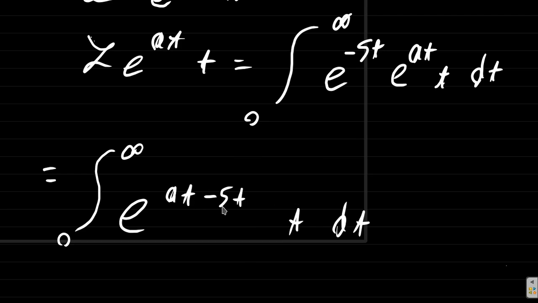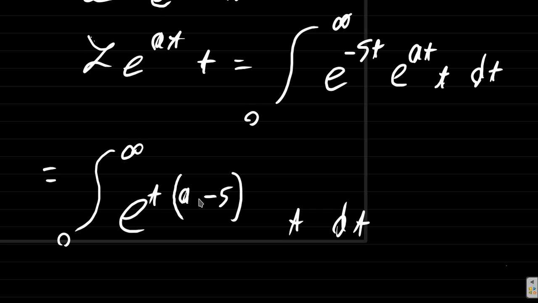We could factor out t. Alright, so let's factorize and put t outside the bracket. So we have this here.